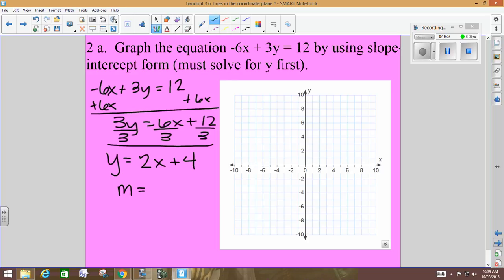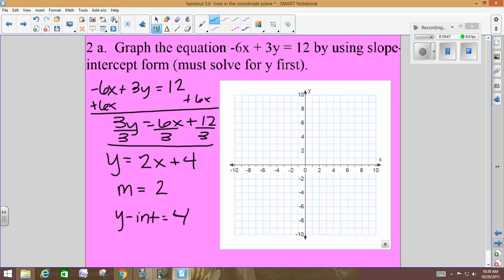Put your x value first, because I said so. And that's slope-intercept form. What's the slope of the line? 2, or 2 over 1. Where's my y-intercept? 4, good. Which one do I start with, 4 or 2? 4, good.